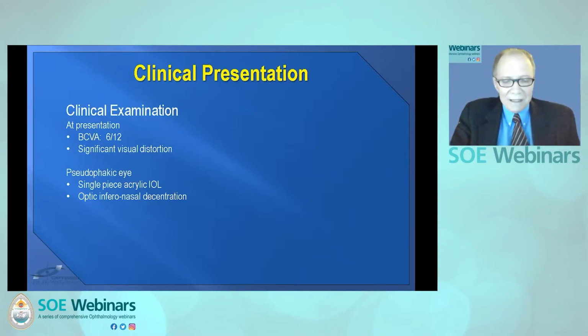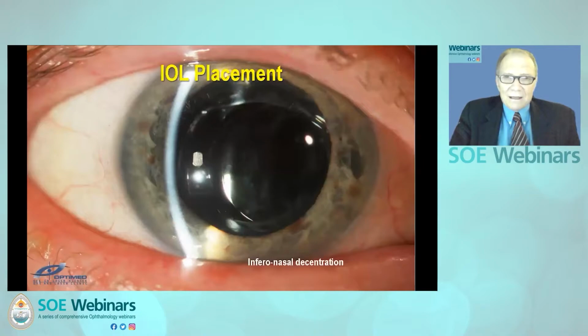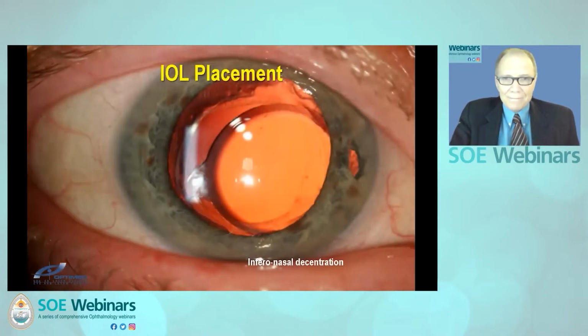On examination, the eye was pseudophakic with a single-piece acrylic IOL, of which the nasal haptic was partly located in the anterior chamber. The optic was inferior nasally decentered, as you can see here.